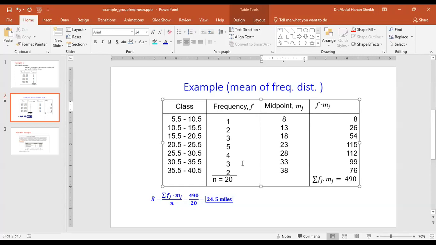Remember, these 2 columns are given. The midpoint of this class is the average of these 2 numbers.